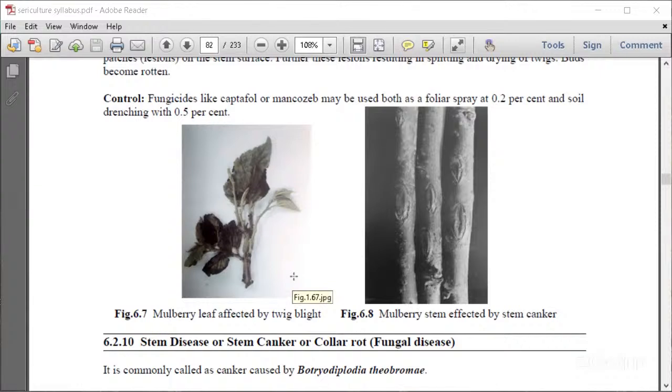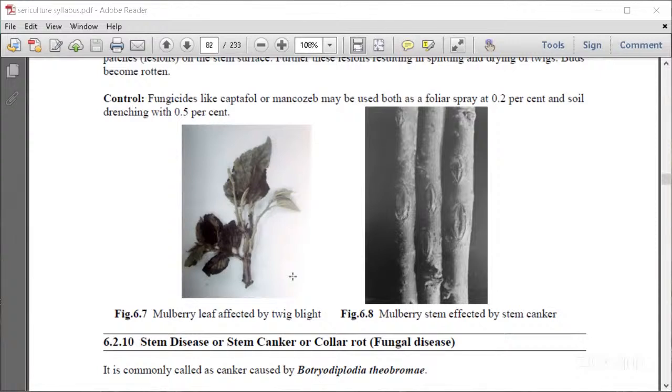The affected twigs become feeble and fragile with irregular black longitudinal patches. These we can call lesions on the stem surface. Further, these lesions result in splitting and drying of twigs. Buds become rotten.